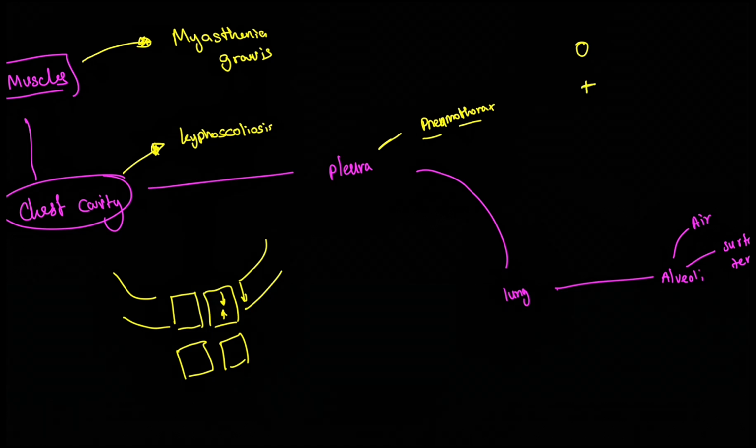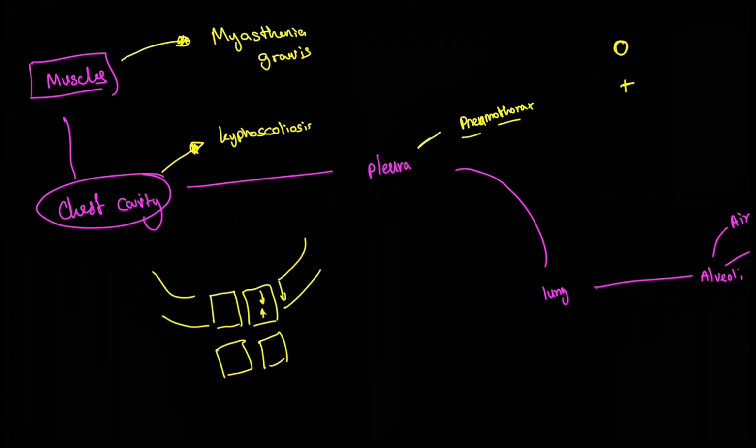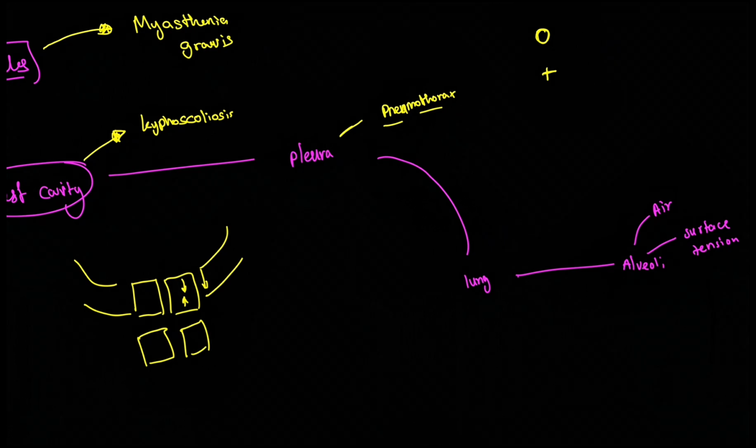I'll talk about it clearly in another video. Due to that, the lungs try to collapse. You can work it out by understanding what intrapleural pressure is, and what happens if it becomes zero, or what will happen if it becomes positive.